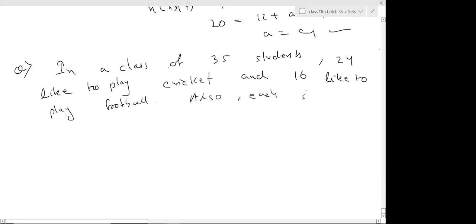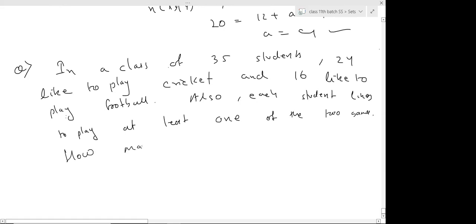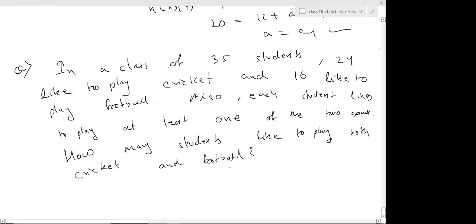Also, each student likes to play at least one of the two games. How many students like to play both cricket and football? All right, very similar question. I'll give you a few minutes for this also.